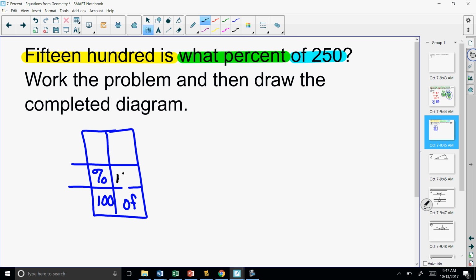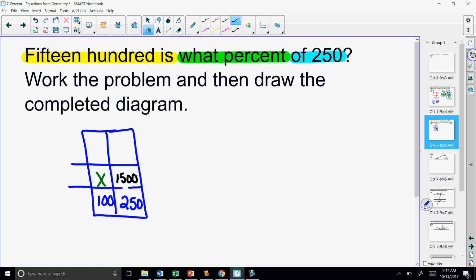So we have 1,500. Then I have what percent? Where does that go? Percent. So I'm going to put X, because it says what percent? Of 250. So that goes in the of, so I'm going to eliminate the of and put in the value of 250. What do we do?